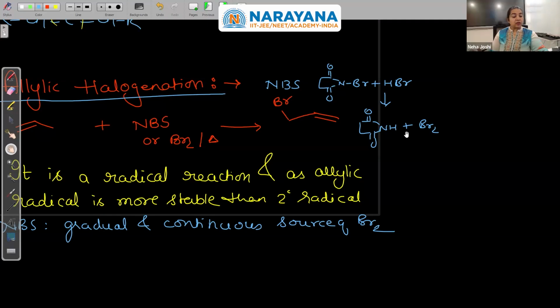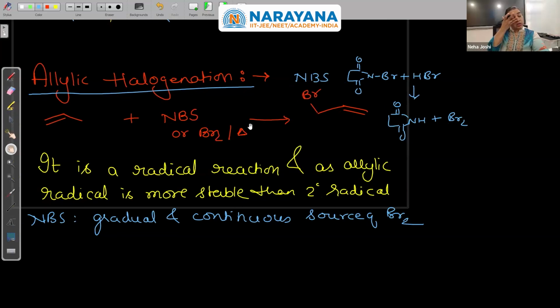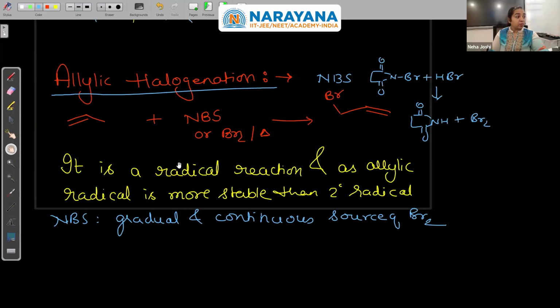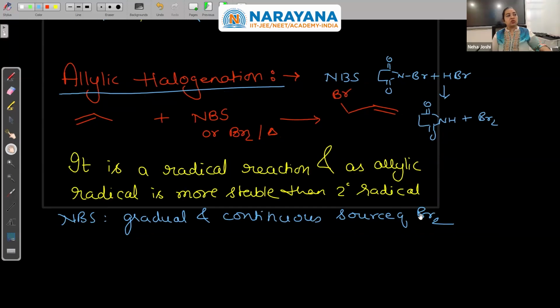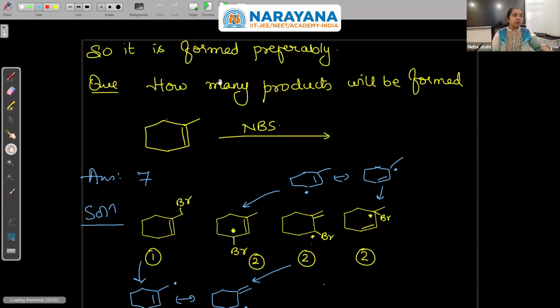And then it is normal halogenation of alkane series, that bromine in presence of sunlight or heat forming Br radical, and we are proceeding to stable radical involved allylic bromination. It is a radical reaction, and as allylic radical is more stable than 2 degree, NBS's function is gradual and continuous source of bromine. That is its function. So it is formed preferably.